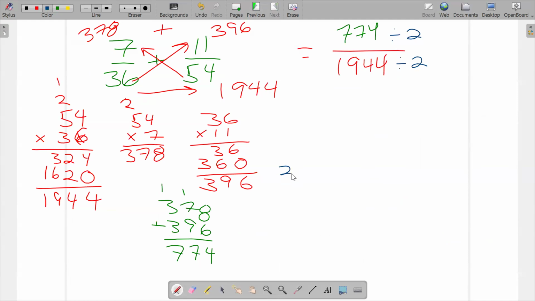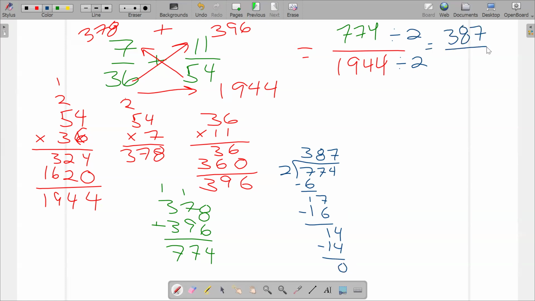Let's see. 2 goes into 774. 2 goes into 7 3 times. 2 goes into 17 8 times. 2 goes into 14 7 times. And then I'm going to get 387 over, 2 goes into 1944.